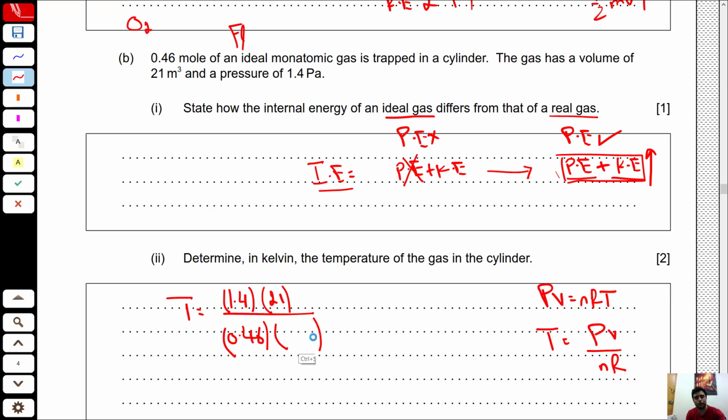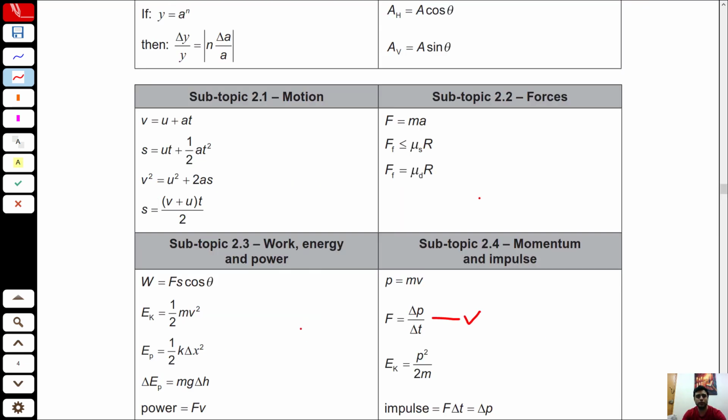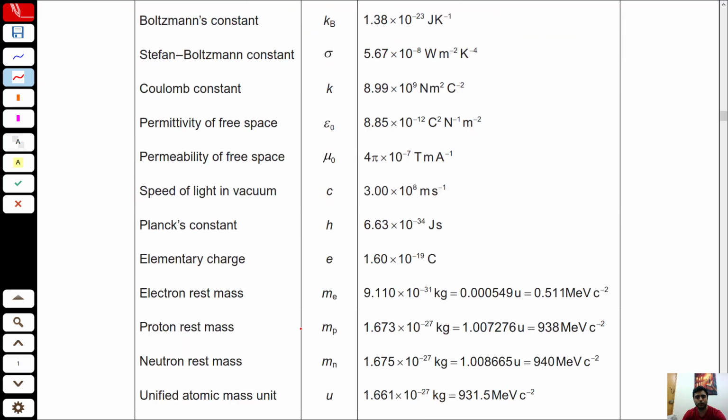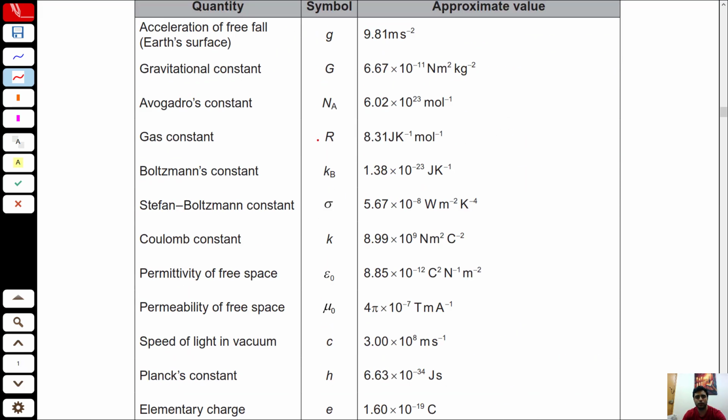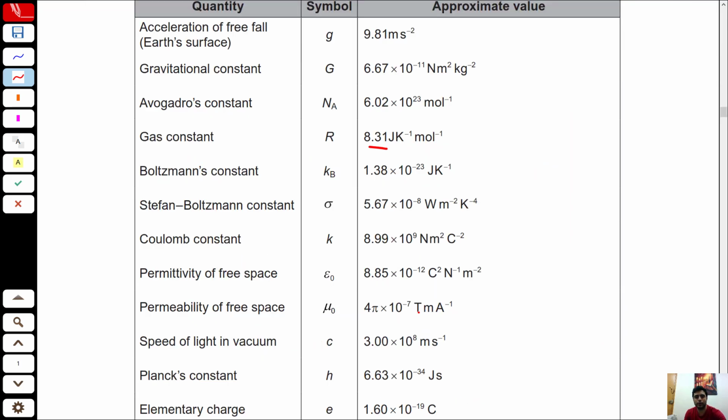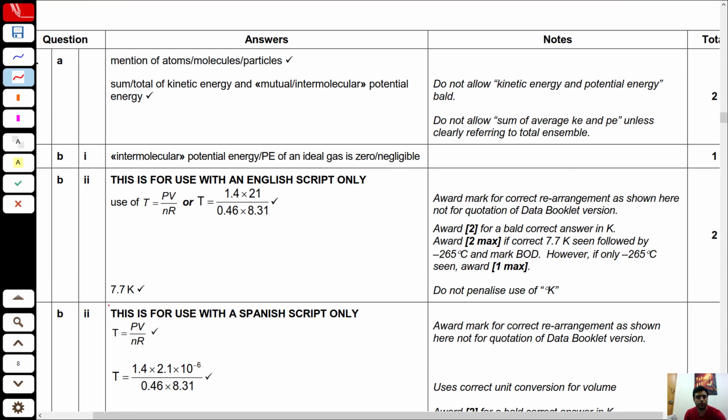Let me show you a way to find the value of R. Just scroll up the data booklet. So there it is, gas constant, R is 8.31. Okay, just hit the calculator. Whatever the answer is, it must be in Kelvin. Let's see what the answer is. So it's around 7.7 Kelvin.